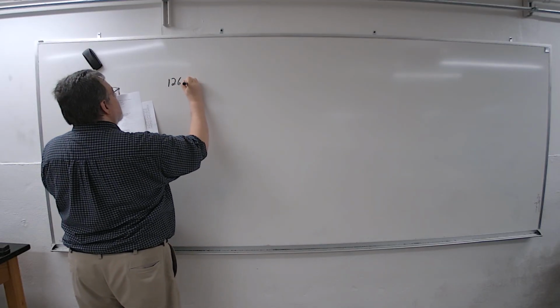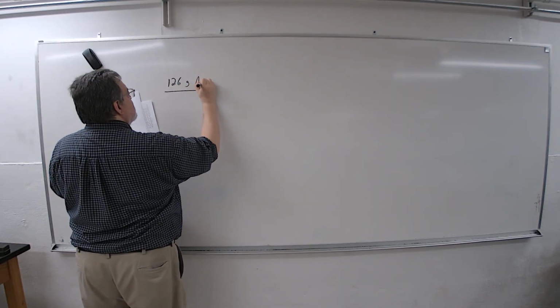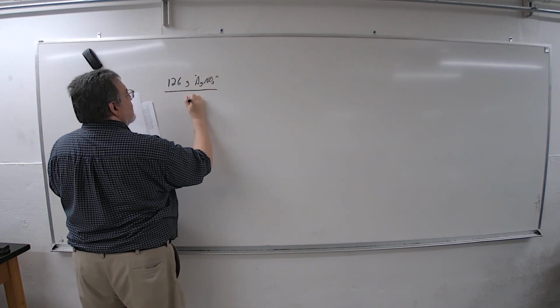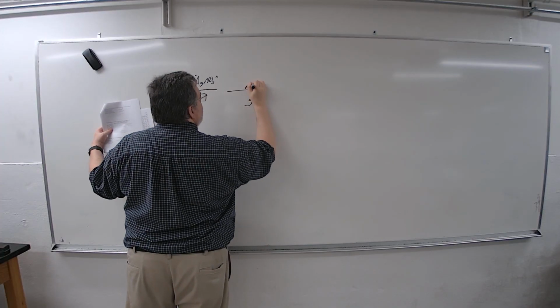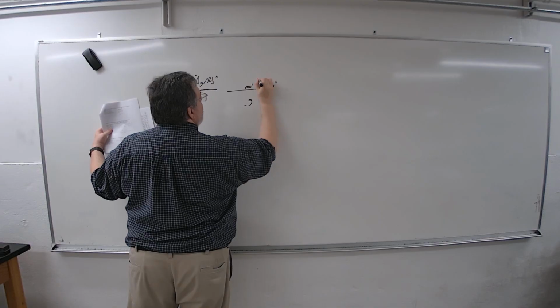How many grams of this are generated when you use this many grams of this? That tells you you're going to need the grams per mole for both of those. 12.6 grams of AgNO3.